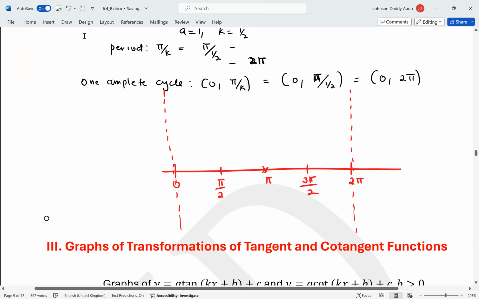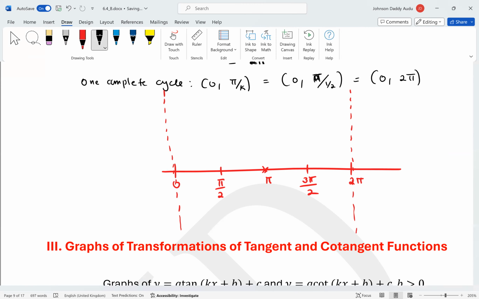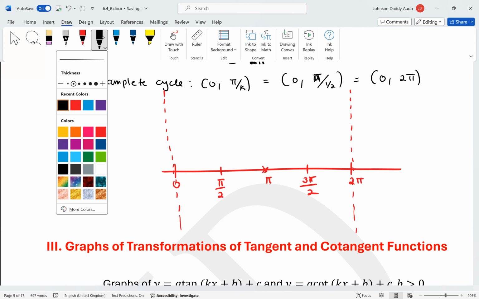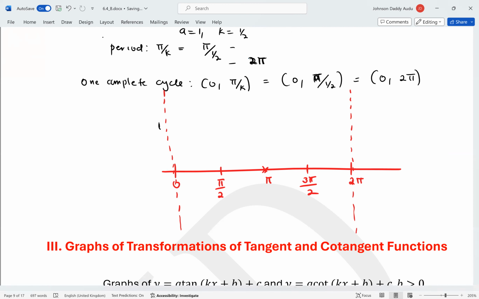And that's it. So what is the value of A here? A is 1, so this is going to be 1 and minus 1. And then the middle of the interval is pi, so here it is going to be 0, on the x-axis. Then when you move here, it's going to be at 1.